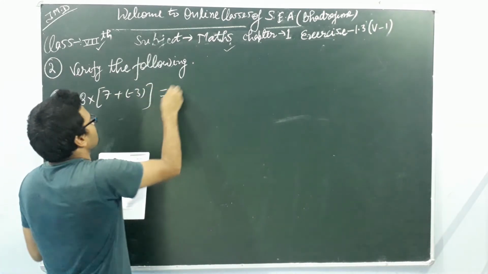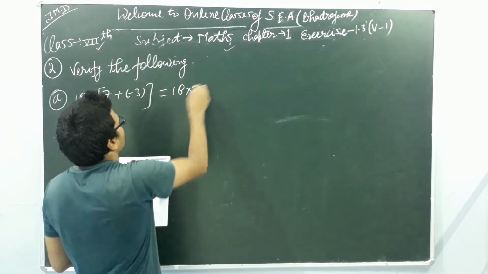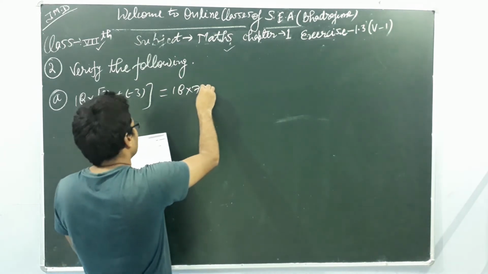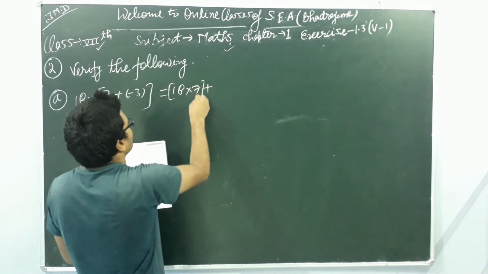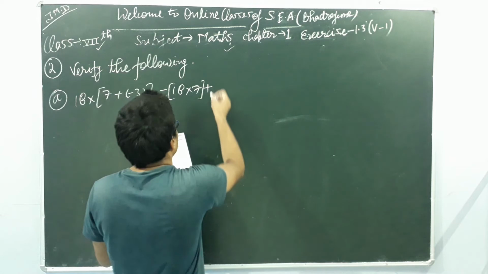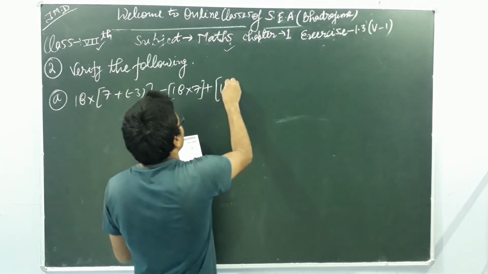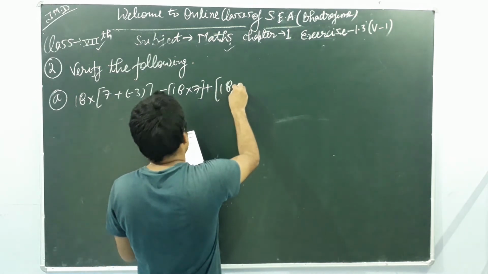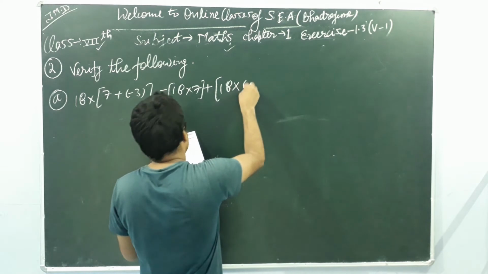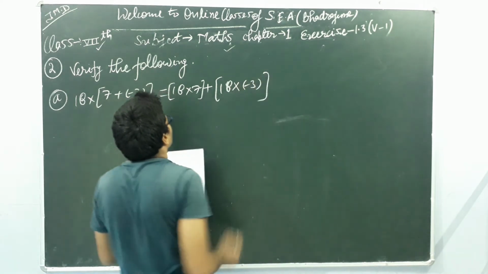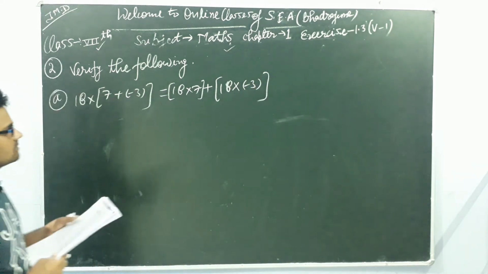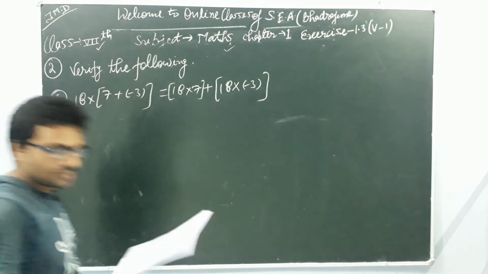Now 18 multiplied with 7 plus 18 multiplied with minus 3. So 18 multiplied with 7 plus 18 multiplied with minus 3.